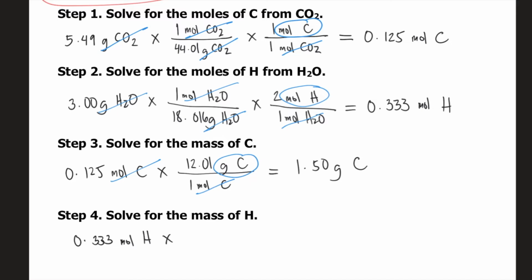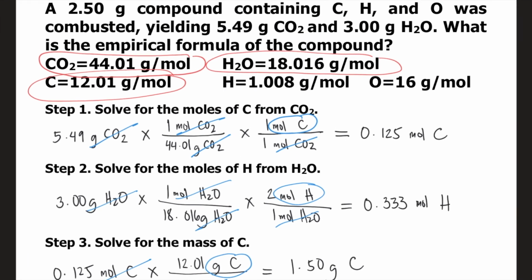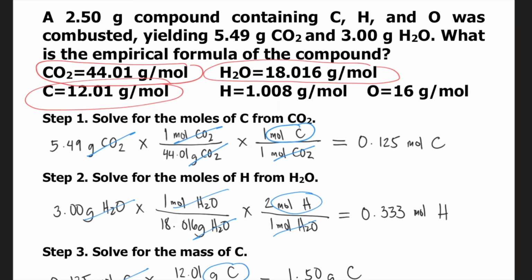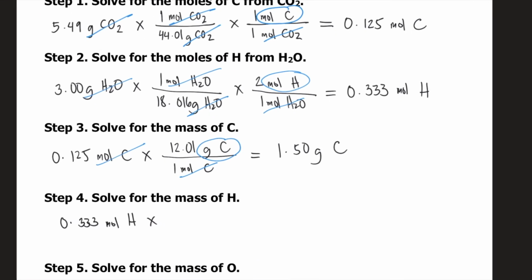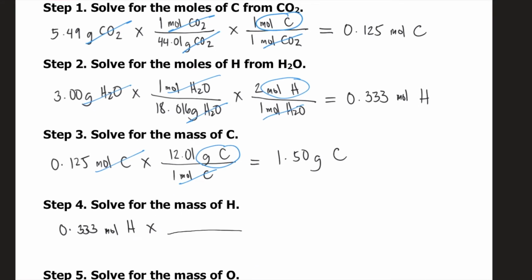And in the problem, we are given the molar mass of hydrogen, which is 1.008 grams per mole. So again, we do mole concept. That means 1 mole of hydrogen is equivalent to 1.008 grams of hydrogen.